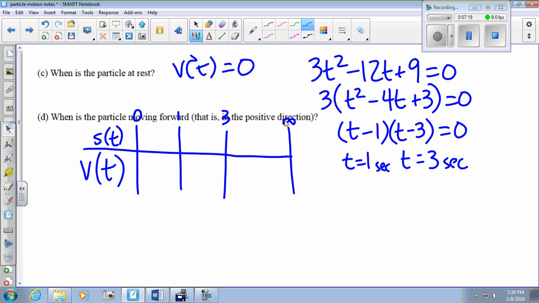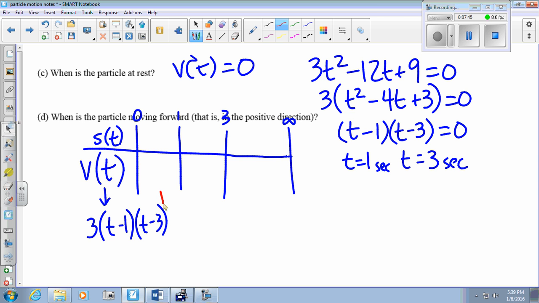Okay, so we need to test this, and remember our velocity equation was 3 times (t minus 1) times (t minus 3). I'm going to use the factored form because it's easier. The 3 again is not really going to affect our answer because we're only looking to see is velocity positive or negative. So I need to choose a number that is between 0 and 1 for a test point.